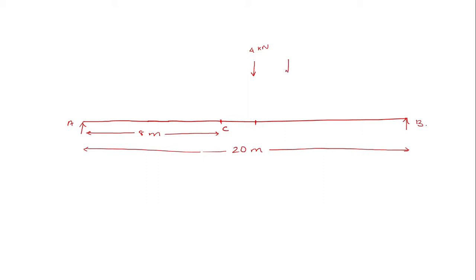Then 6 kN will be acting 3 meters from this, and then the next load is 8 kN at a distance of 2 meters. So when it's at a distance of 2 meters, it will be directly on top of this, because the center is 10 meters, and then this is 2 meters here. So as such, you will have the 8 kN load acting on top of section C, and then you have another 5 kN acting at this corresponding center.